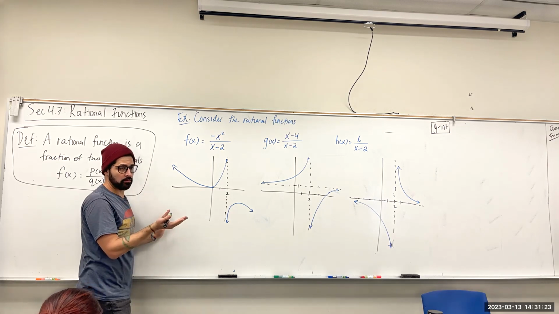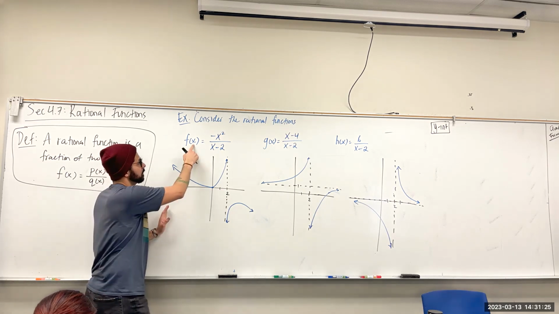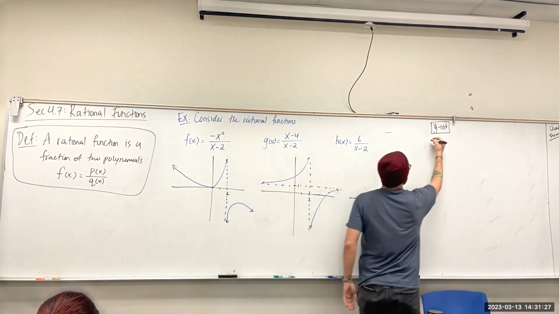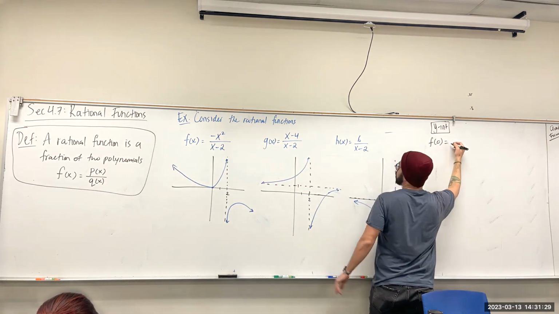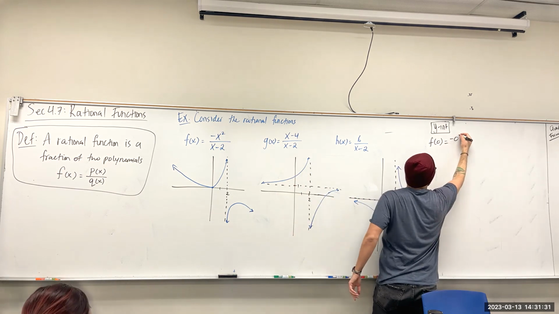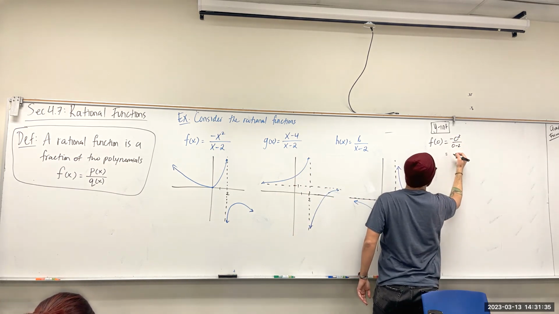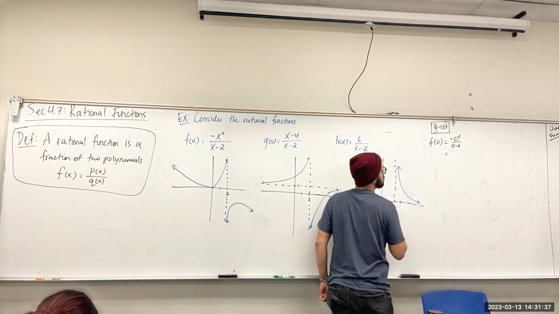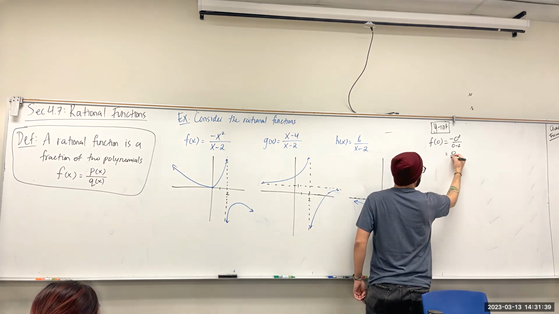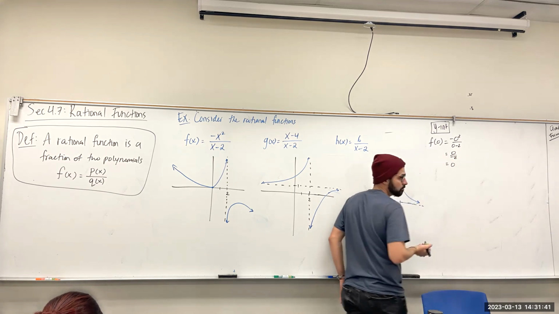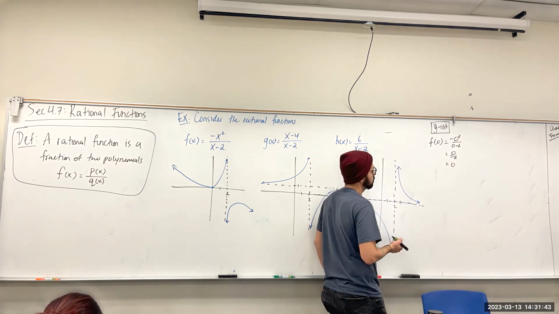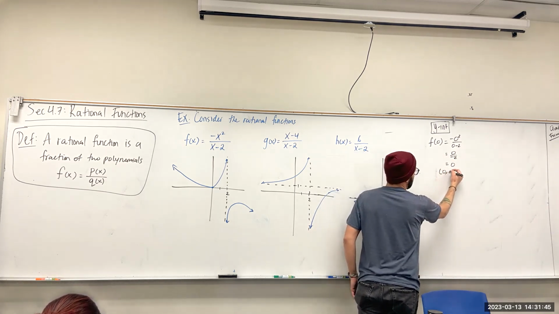You plug in 0, same thing. You get 0 squared over 0 minus 2, which is 0 over -2, which is just 0. So that's the point (0, 0).